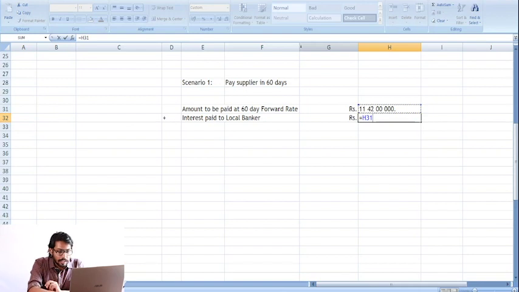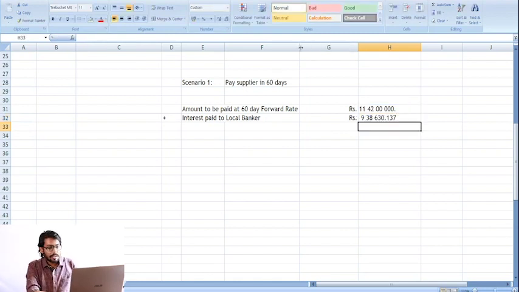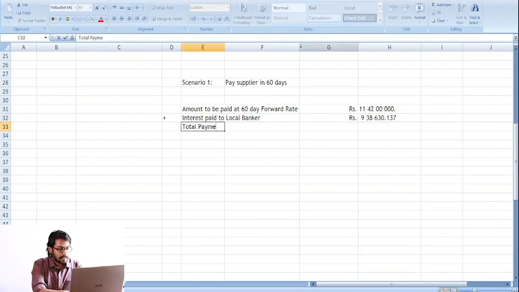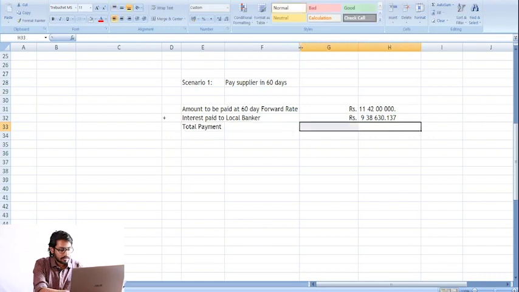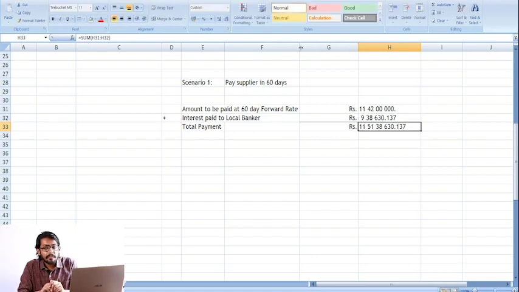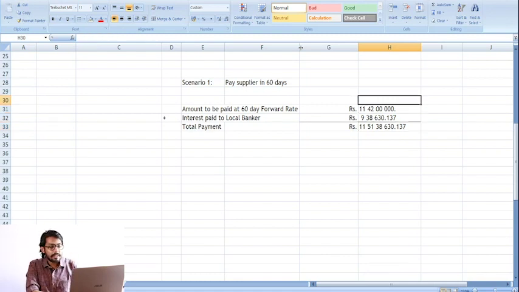So into 10% into 30 by 365, you will get an interest of 9 lakh 38,630. Total payment: you will have to pay rupees 11 crore 51 lakh 38,630 if you are paying your supplier in 60 days.